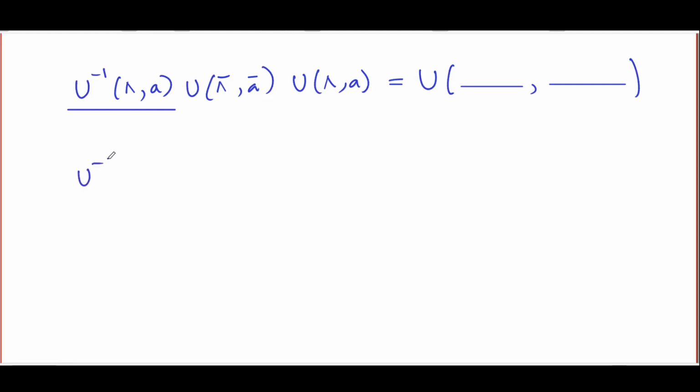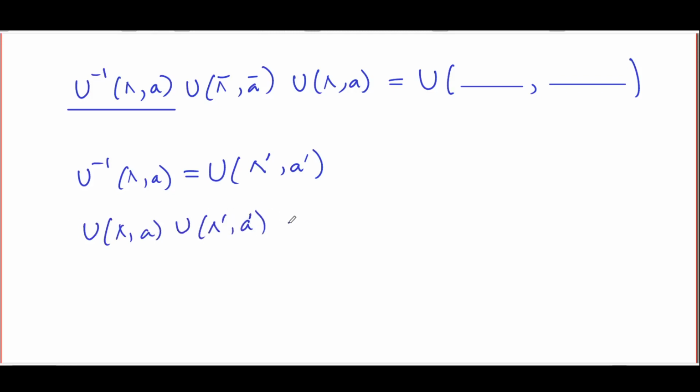So let's say U inverse lambda A has to be a Poincare transformation, or U corresponding to a Poincare transformation to be more precise. And let's say it's U corresponding to a Lorentz transformation lambda prime and a translation A prime. Then U lambda A, U lambda prime A prime must be U corresponding to the identity, which means it must be 1 or U I comma 0.